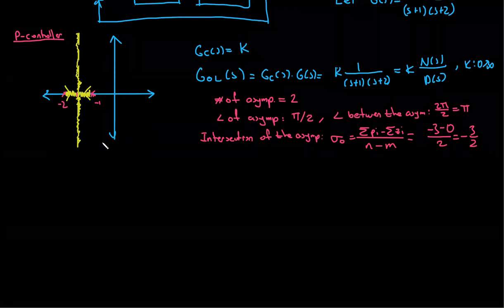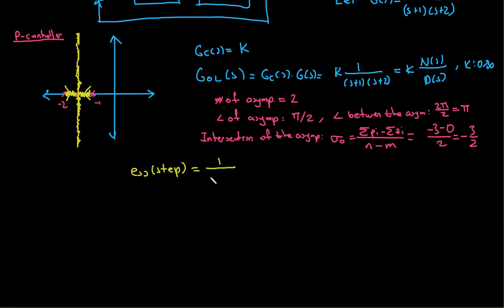So let's have a look at some performance metrics that we defined for a transient response, okay? We talk about, for example, steady state errors, settling times, etc. So let's investigate those concepts with the P controller. What is the steady state error to the step input for any system? We said that it is equal to 1 over 1 plus Kp, right?